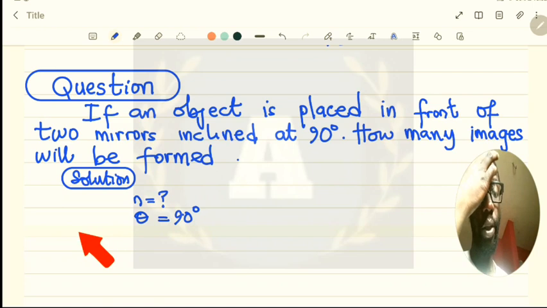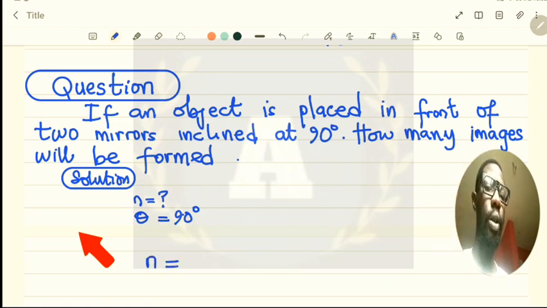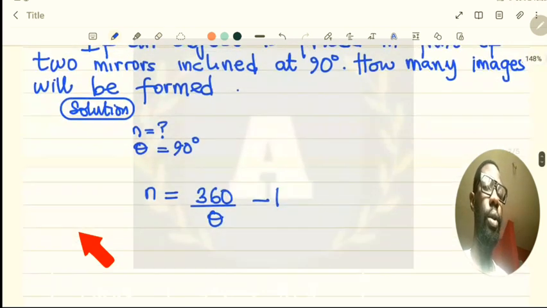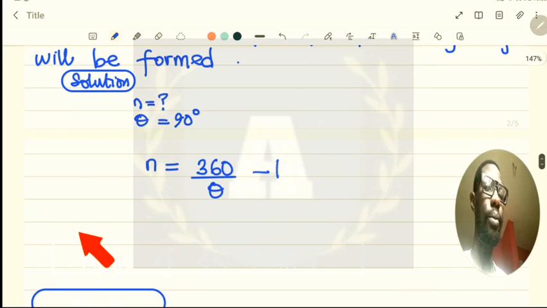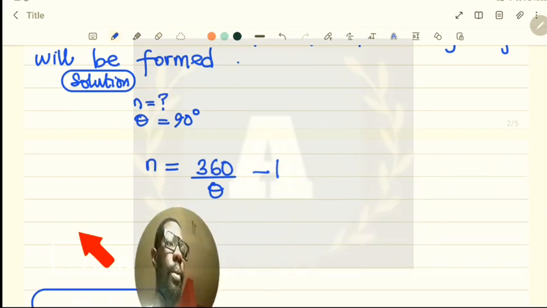Using the equation, the number of images is equal to 360 divided by theta minus 1, which means 360 divided by 90 minus 1.